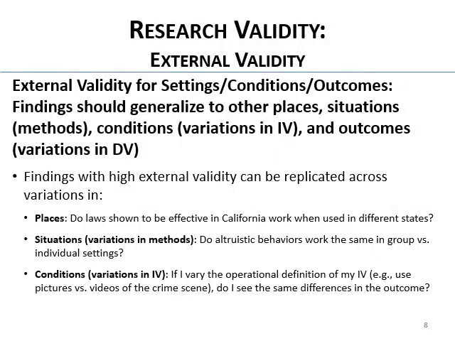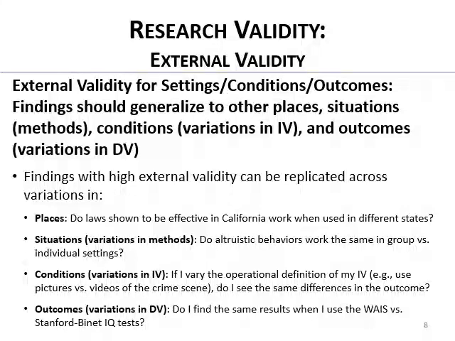And how about conditions? So slight variations in the IV. If I vary my operational definition of my IV, so I'll use pictures of the crime scene versus videos of the crime scene. That's variation. Do I see differences in the outcome? I don't know, but to the extent that I see consistent findings across variations, it suggests my results are more externally valid, right? And the same thing for the DV.